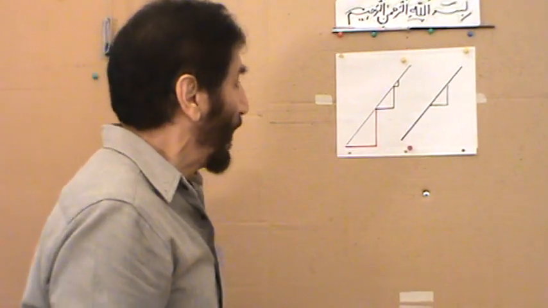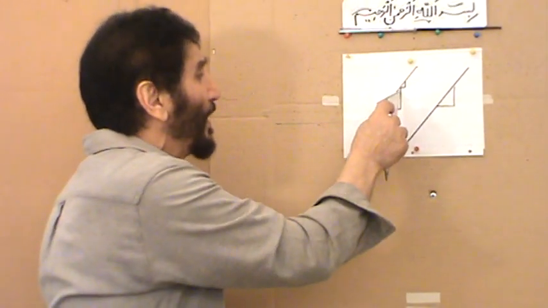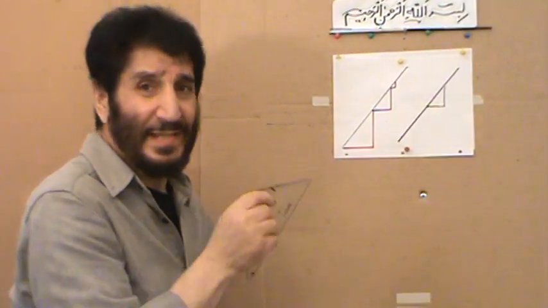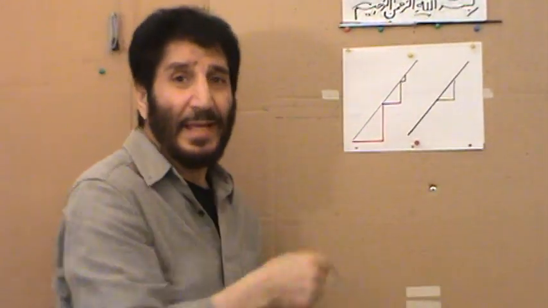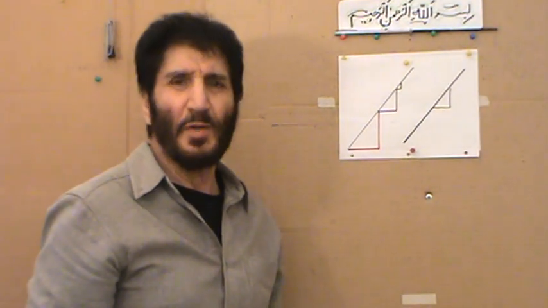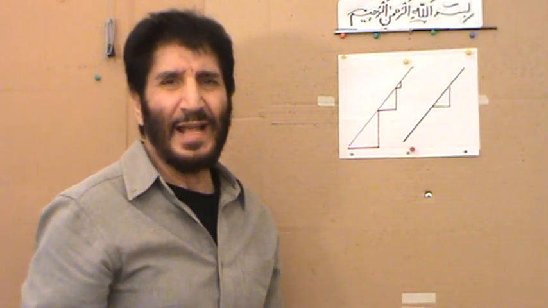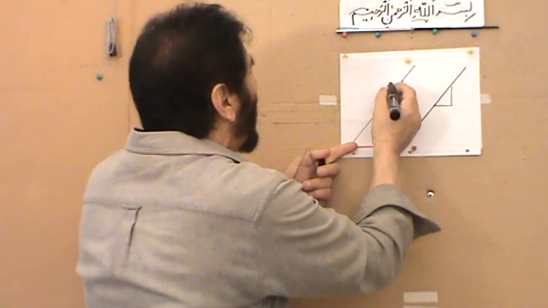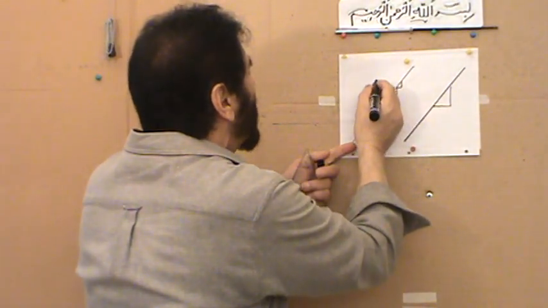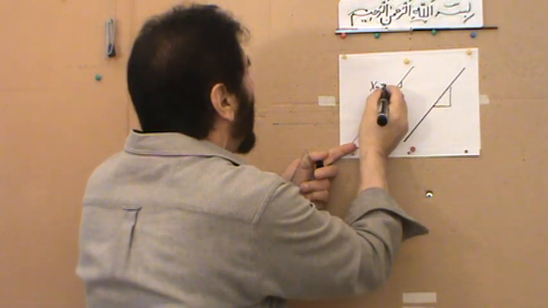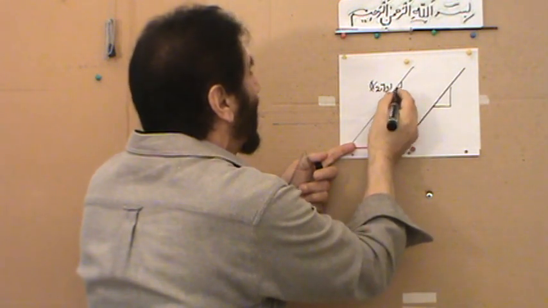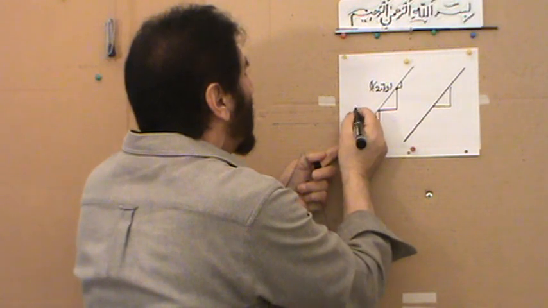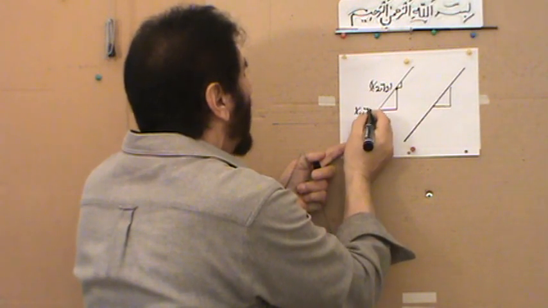Now that we know the ratio of this to this is the same for all triangles in that line, we call it rise over run. We know that, so let's use one of them as a typical triangle, and let's call this point x2 comma y2, and this point x1 comma y1.